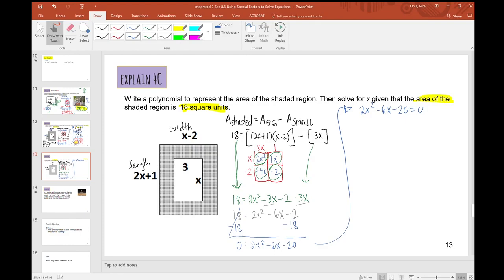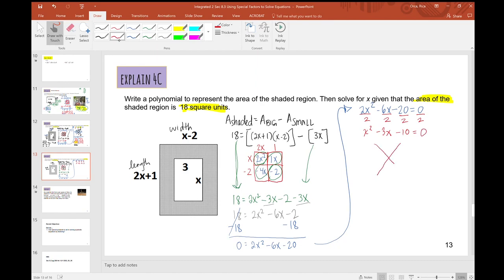Let's make this equation a little easier to work with by dividing everything by 2. Two divided by 2 is 1, x squared. Negative 6 divided by 2 is negative 3. And negative 20 divided by 2 is negative 10, which equals 0 divided by 2, which is 0.